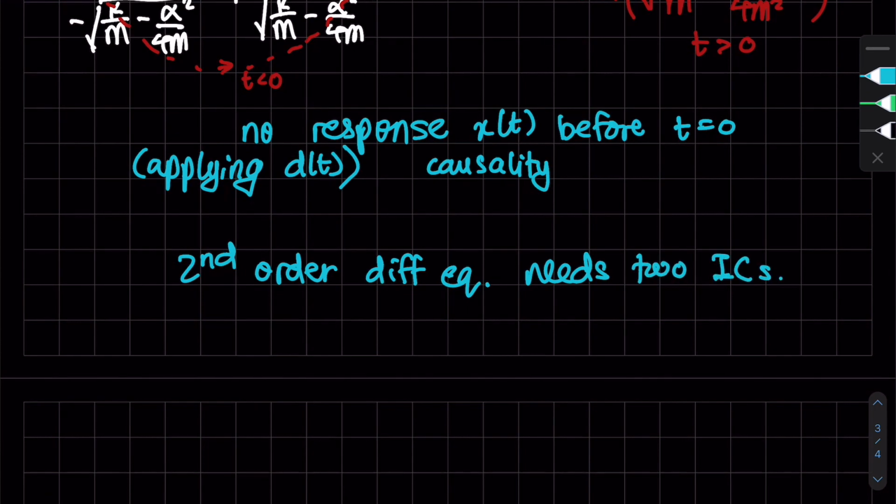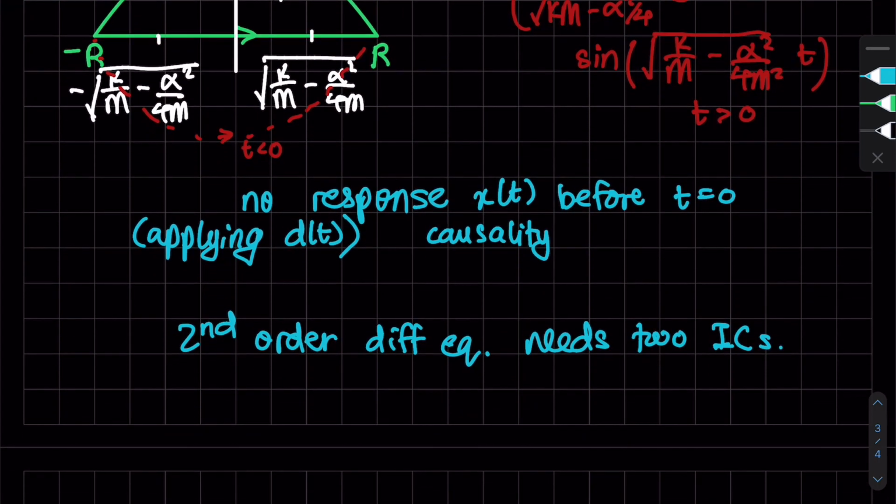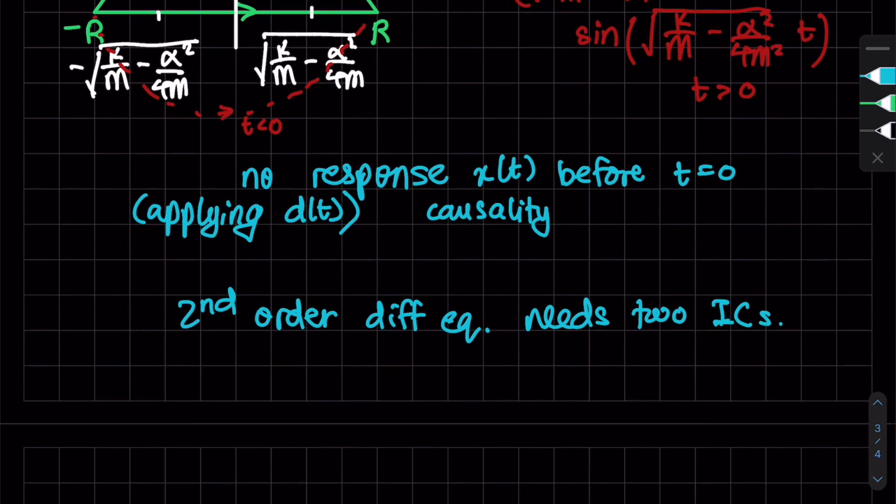We have a differential equation in time, a function of time. So I'm going to call them initial conditions for x, or more generally, boundary conditions. We need two initial conditions for a unique solution.